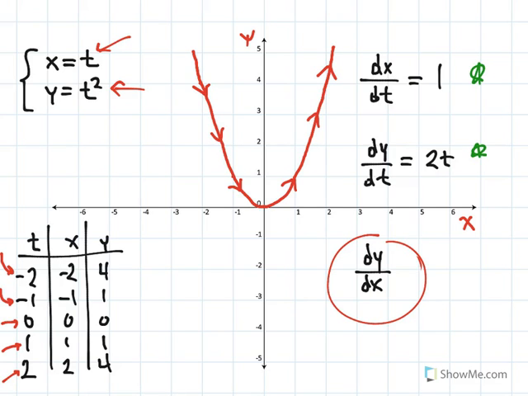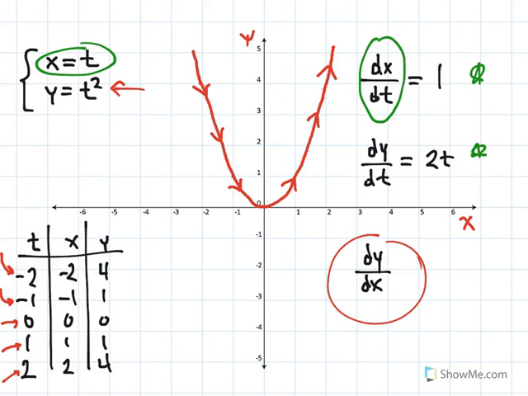So you can see that the parametric equation for x would tell us the x-coordinate of the object's position at a particular time. In other words, where the object is horizontally. So dx/dt would tell us the rate of change of the object's horizontal position with respect to time.